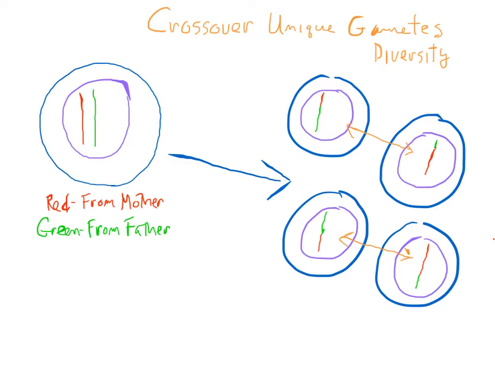So as you can see, each one of these chromosomes is a unique combination of mom plus dad DNA. And that's why you and your brother don't look exactly alike, even though you had the same parents.